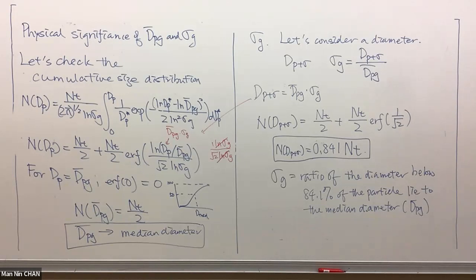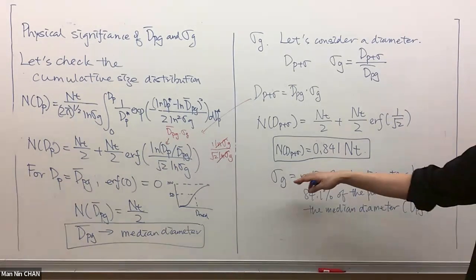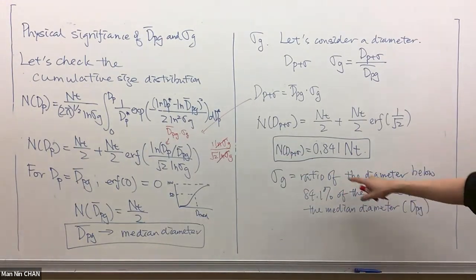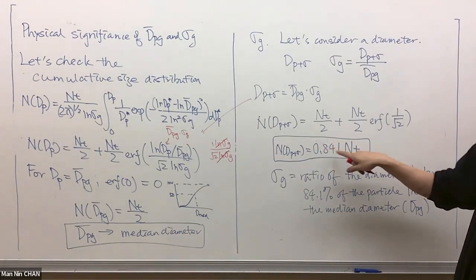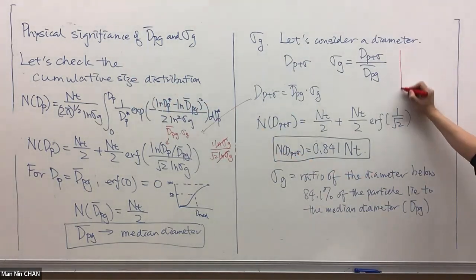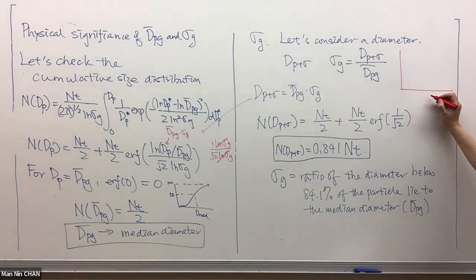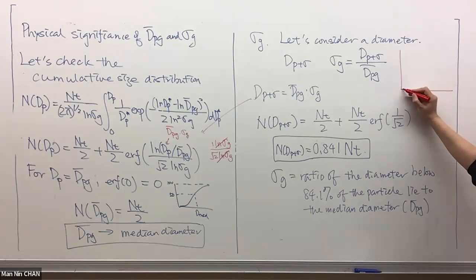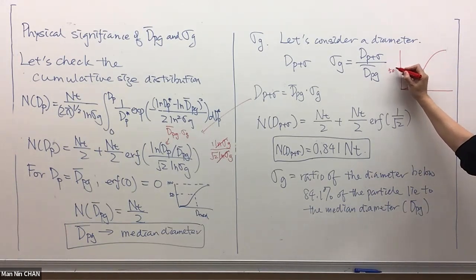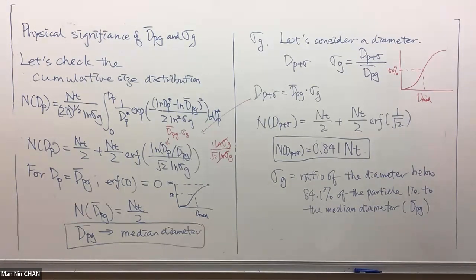They lie below the median diameter, so basically they will also give you a name, which later we are going to show you. But what is the meaning of this? If you know this is 84%, and we are talking about the cumulative size distribution, then the median diameter will give you 50%.